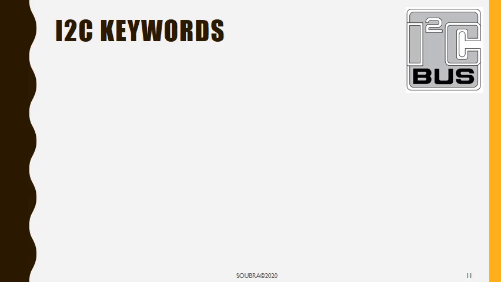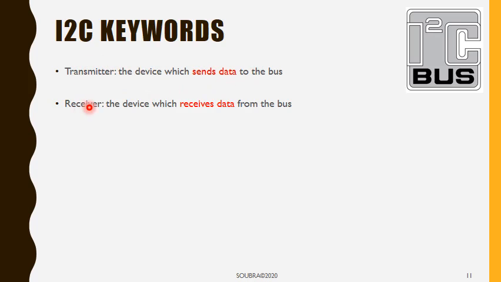So a couple of keywords we're gonna use later on, so I need to make sure that you understand it. However, because you're not in front of me, you cannot give me any feedback. So a transmitter is the device that sends data, whether it's the master or the slave. All right, so transmitter sends data. Receiver, it is the device that gets data, receives data. Fair enough? Doesn't matter if it's a master or a slave.